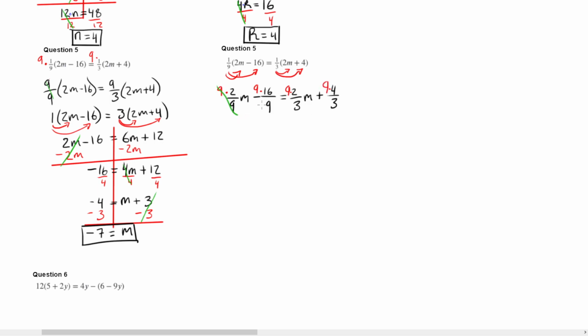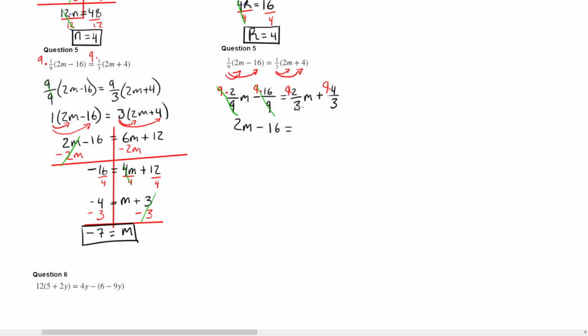These guys cross out, they cross out, and I just get 2m minus 16 equals, and then here I can do 9 times 2, that would be 18, or I could do 9 divided by 3 first, and that would give me 3. So let's go ahead and do the simpler one.